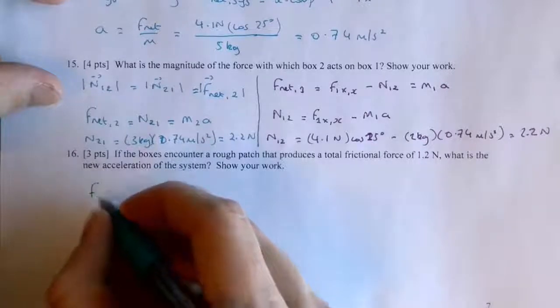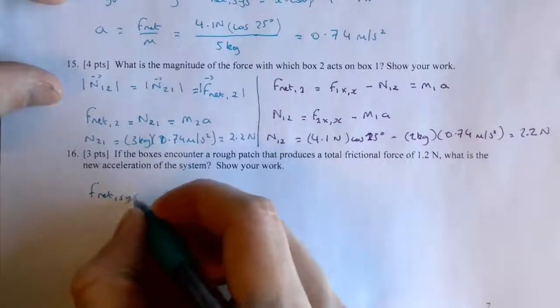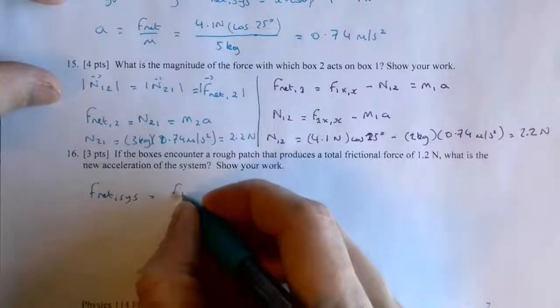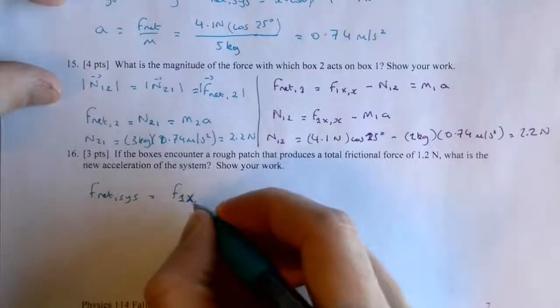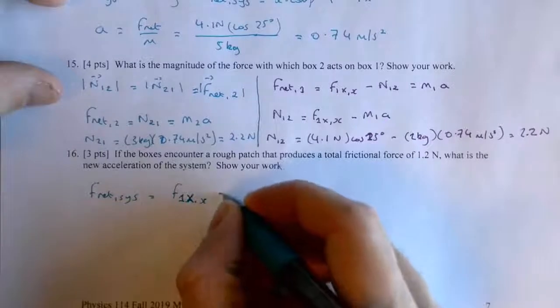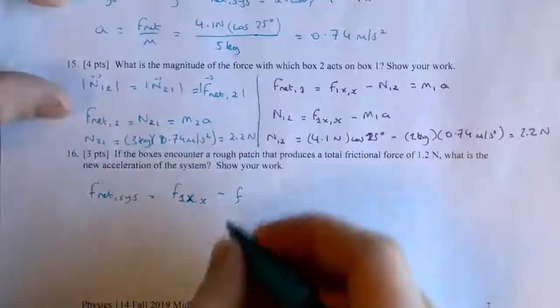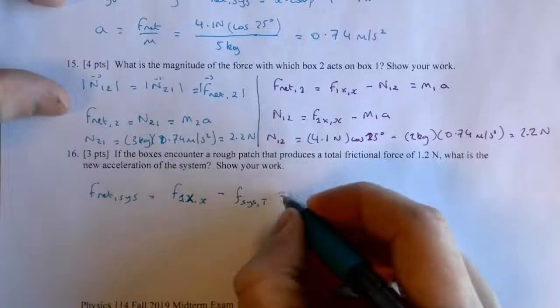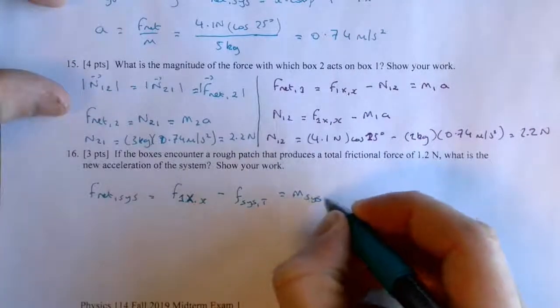So F net of the system in this case is going to be F1x in the x direction minus the friction force on the system by the floor or the table, and that has to equal the mass of the system times the A of the system.